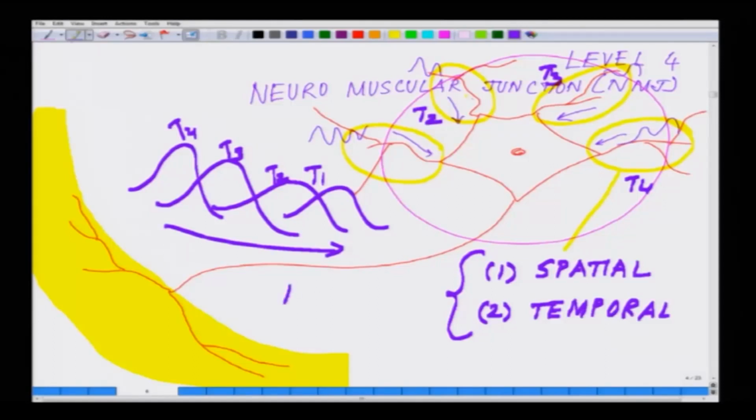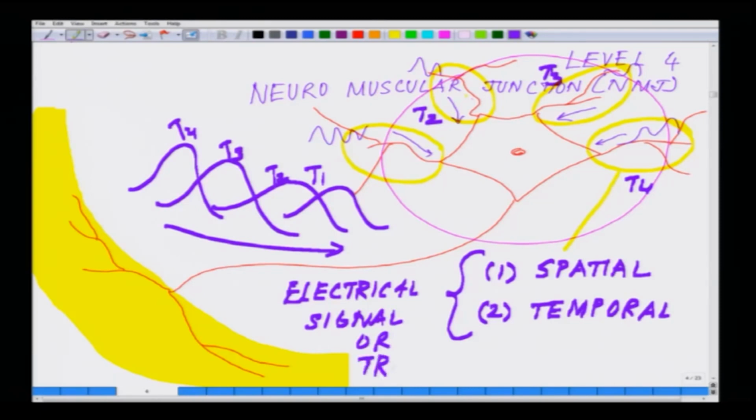So, in other words, the electrical signals, or you can call it the train of action potentials, which are arriving at the motor neuron are spatio-temporal.